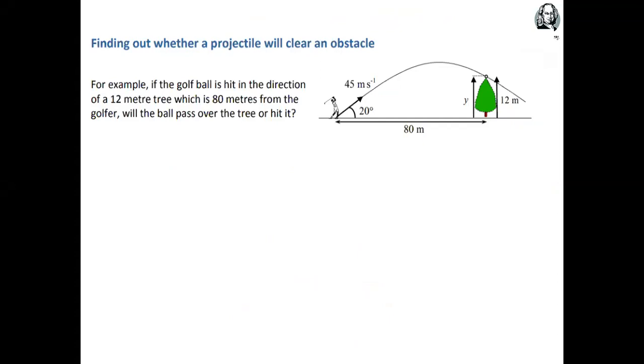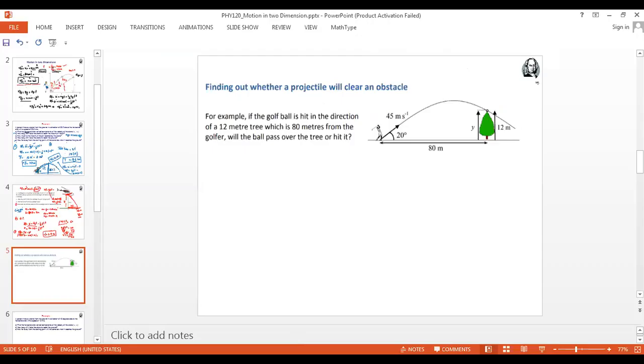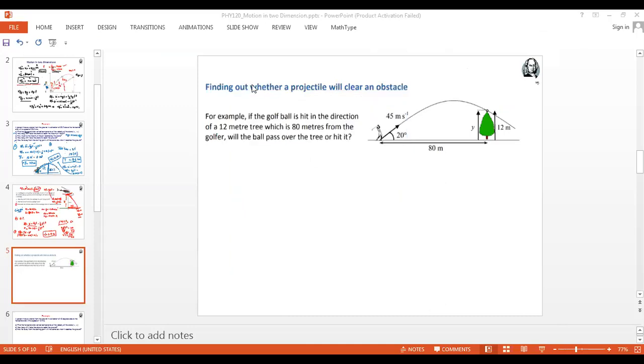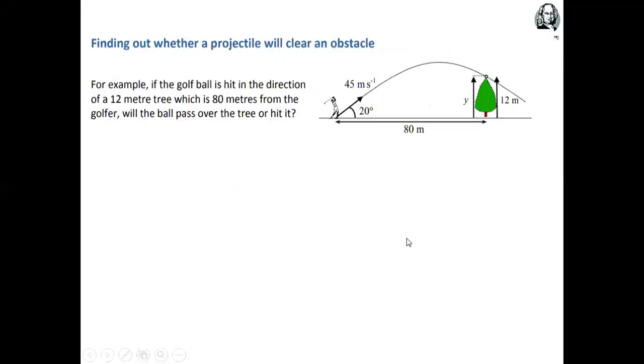What is given in this question? For example, a golfer hits the ball.